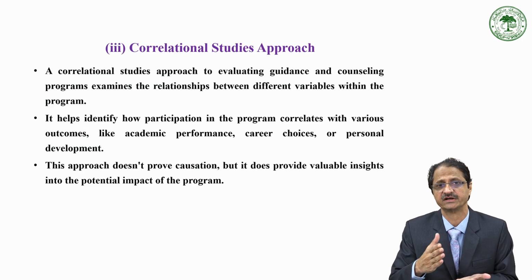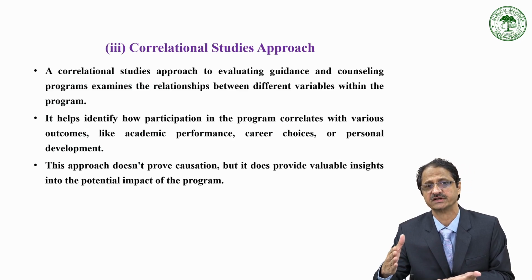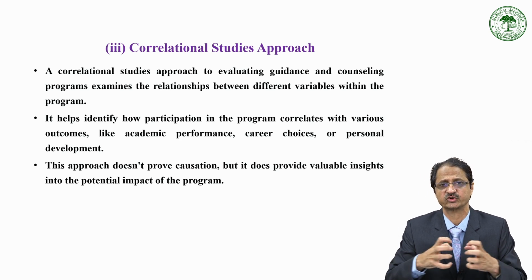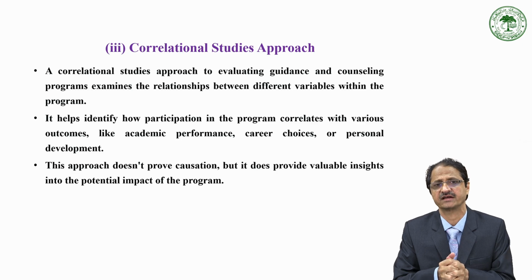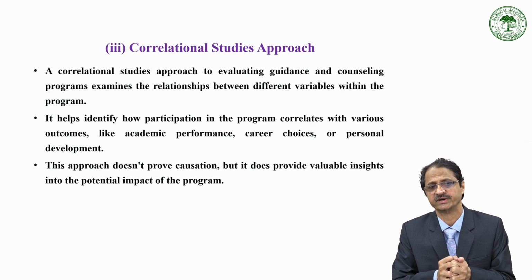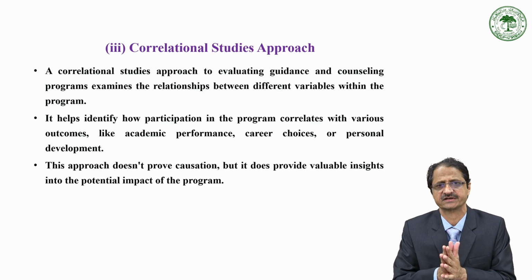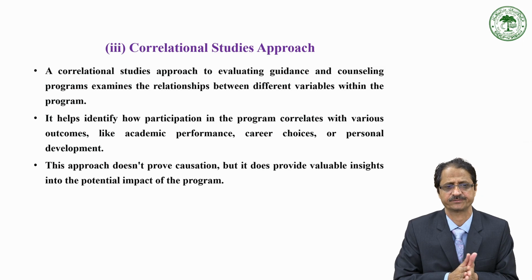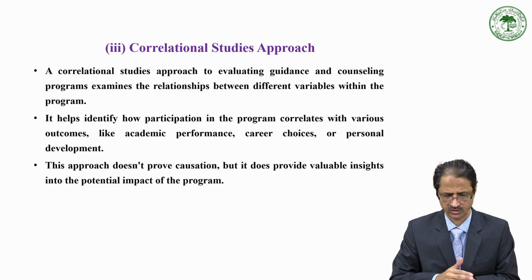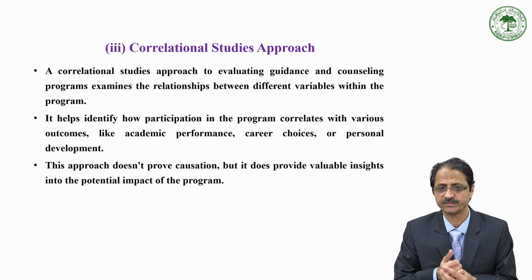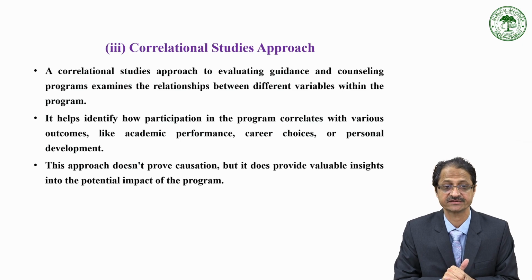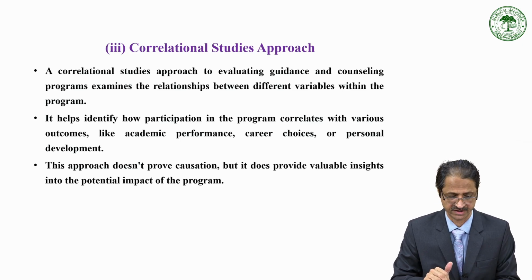Take for example, intelligence is a variable which enhances the academic achievement of the student. If there is a positive relationship between intelligence and academic achievement, then we can say that to a certain extent intelligence is related to better achievement. This approach does not prove causation, but it does provide valuable insights into the potential impact of the program.